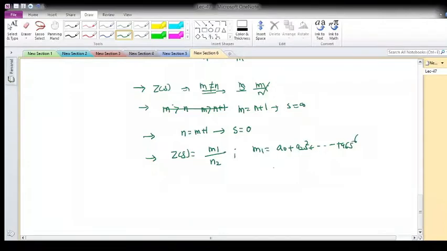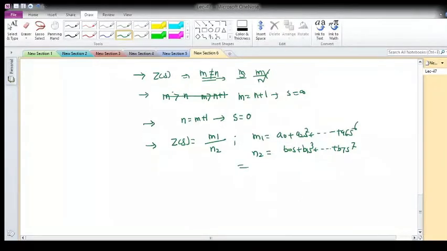Remember, there should not be any missing term. And n2 I can write as b0 s plus b1 s cubed plus b7 s raised to 7. There should not be any missing coefficient, otherwise this is not a Hurwitz polynomial. So this should be the condition.